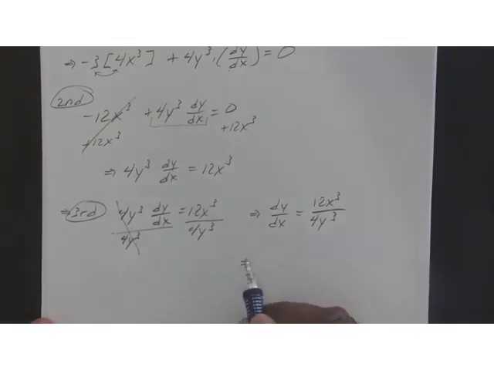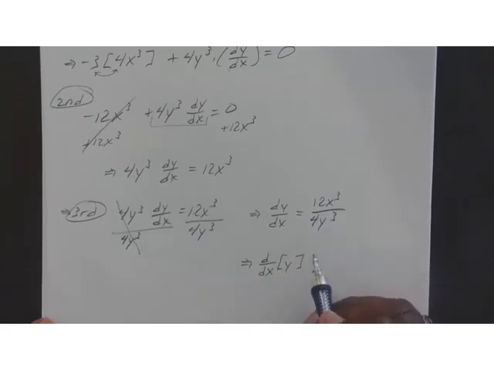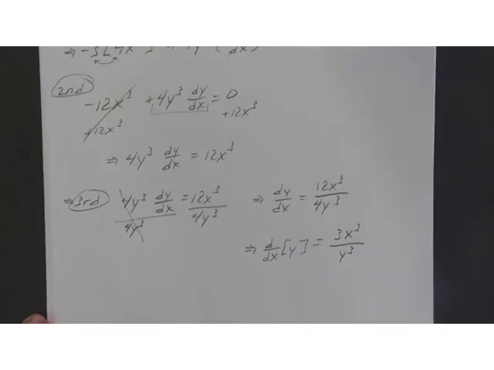Or we could rewrite that as the derivative with respect to x of y is equal to 12 divided by 4 is 3, so it's 3x to the third power divided by y to the third power. And there's a reason I wrote it this way, and we'll see that on the next page.